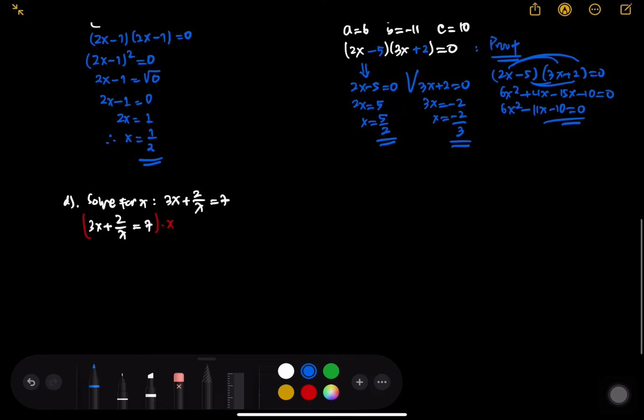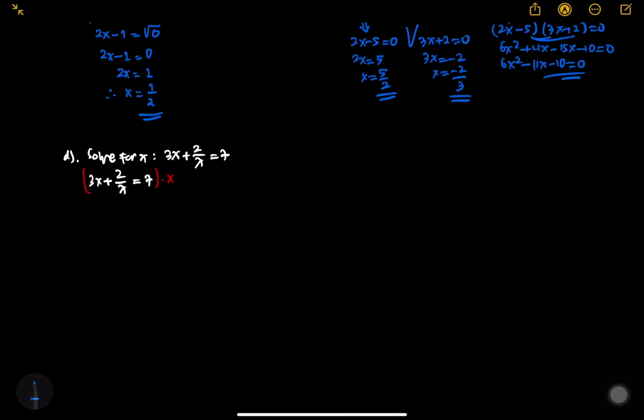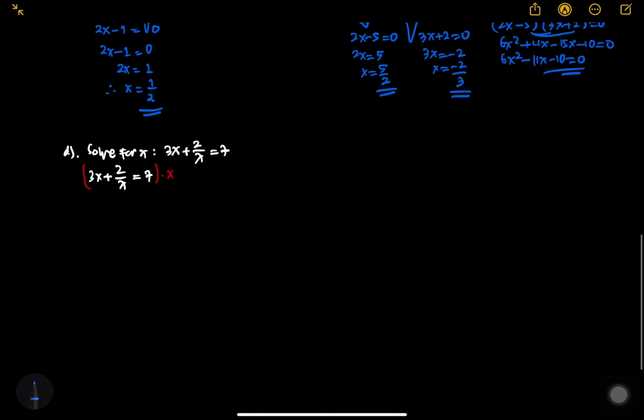That's the first step. You times with x. So when you times that with x, it turns into 3x squared, and also you do this again, it turns into 2.